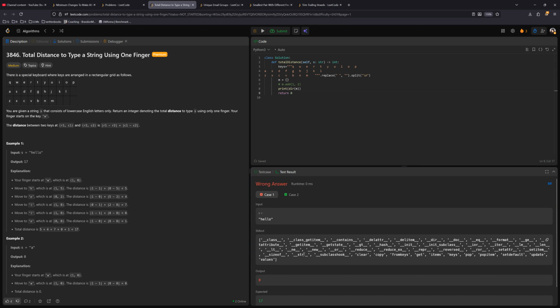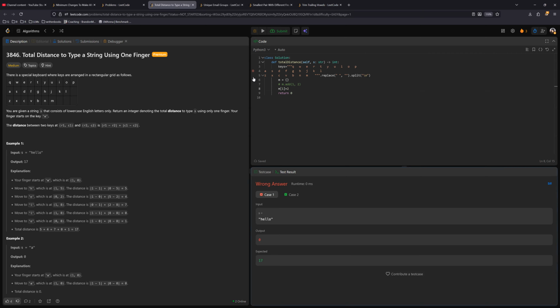Okay, there's got to be something like add. Clear, copy, get, pop item, update? Is it update? Can't you just do this? Yes, you can. I knew that. I was just testing you. Yeah, I'm an idiot.